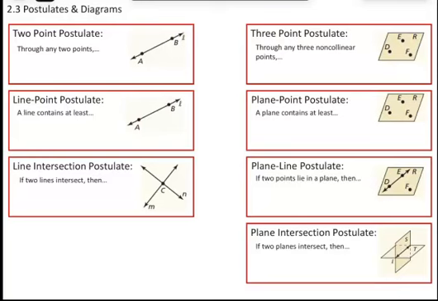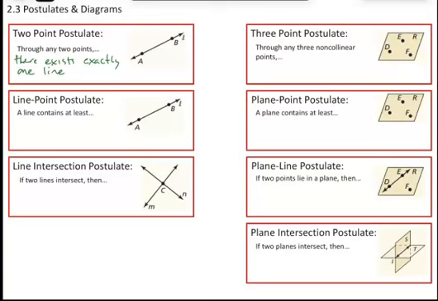The 2-point postulate states that through any 2 points there exists exactly one line. So if given points A and B, there's only one line here, L, that passes through them.